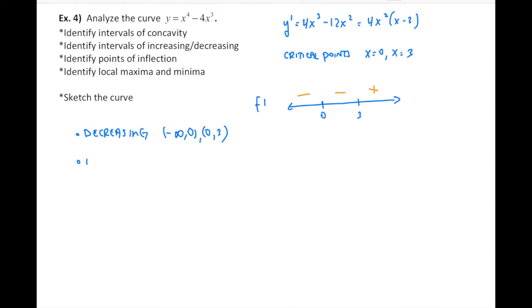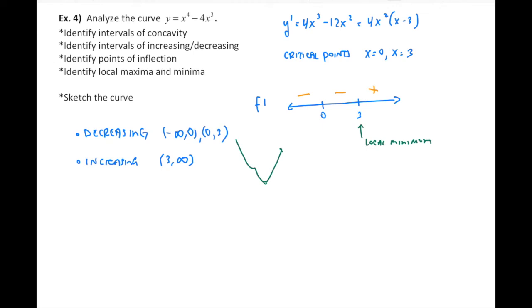Our function is increasing from 3 to infinity. Right now our graph is going down, and then going up. It kind of falls in line with x cubed, x to the fourth would look something like that. So we're going to have at least a local minimum.